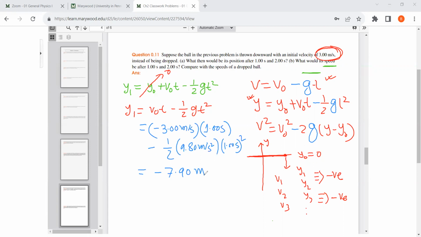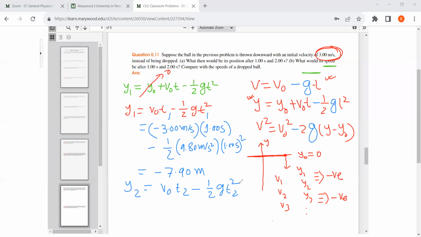What I mean is that the initial speed in the last problem was 0, but in this problem the initial speed is equal to 3 meters per second. So the position of the ball at 1 second is minus 7.90. Similarly, you can show that y2 equals v0 t2 minus half g t2 square, with time t2 equal to 2 seconds.